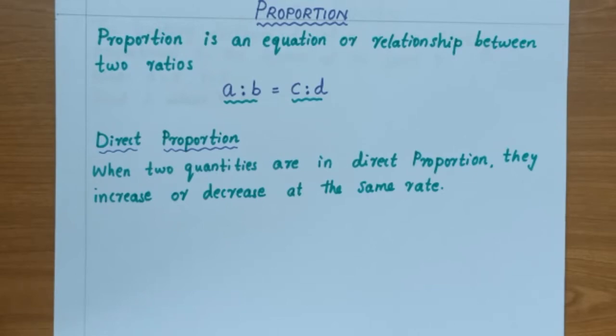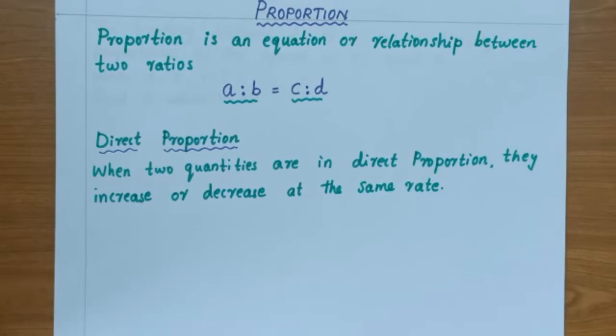Or another example, if the speed of the vehicle increases, distance covered also increases. If the weight of the fruits or vegetables increases, the cost also increases. So that means one quantity increases, the other quantity also increases. So that kind of proportions are called direct proportion.